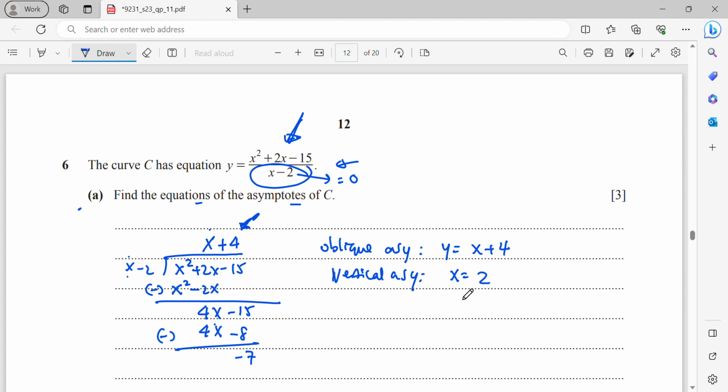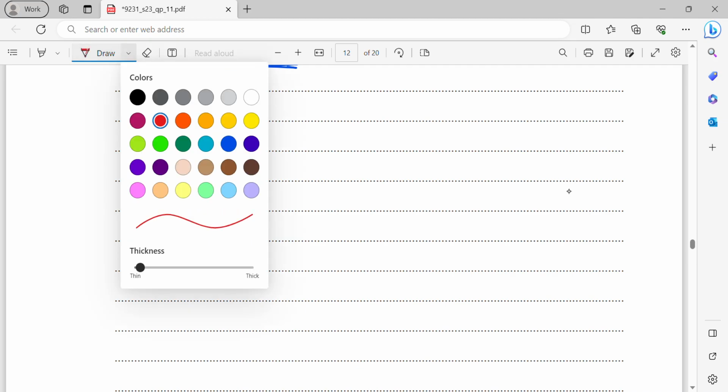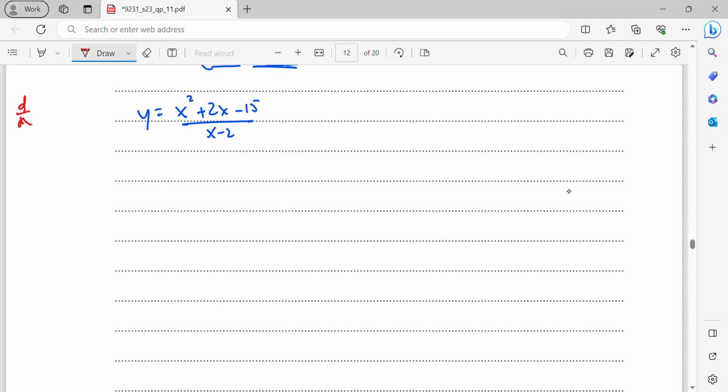So you have two options here. I will use the original y, which is x squared plus 2x minus 15 divided by x minus 2. Again, this is the quotient rule: d/dx of u over v is (v u prime minus u v prime) over v squared.